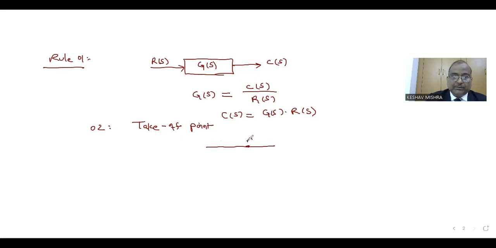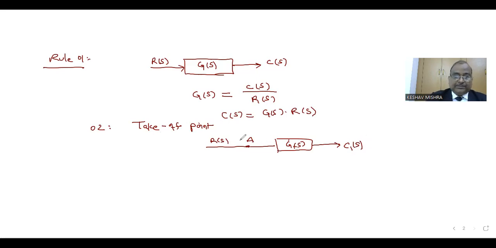Suppose this is the point recognized as the takeoff point, A, and from this the input is R(s). This is one stage with transfer function G1(s) and corresponding output C1(s).